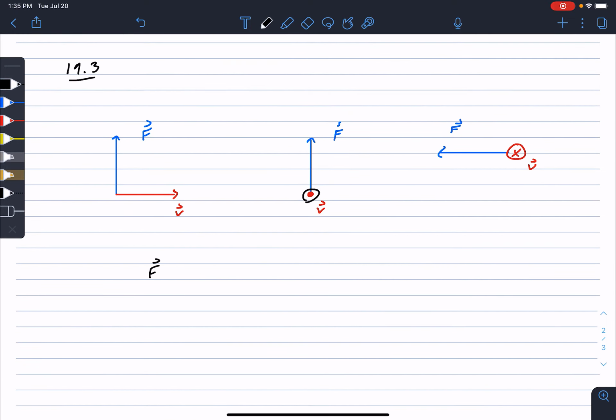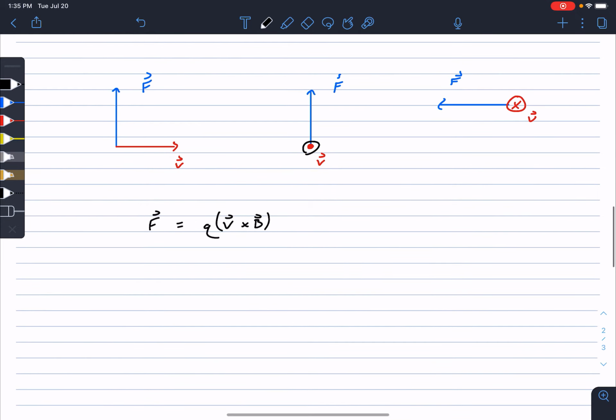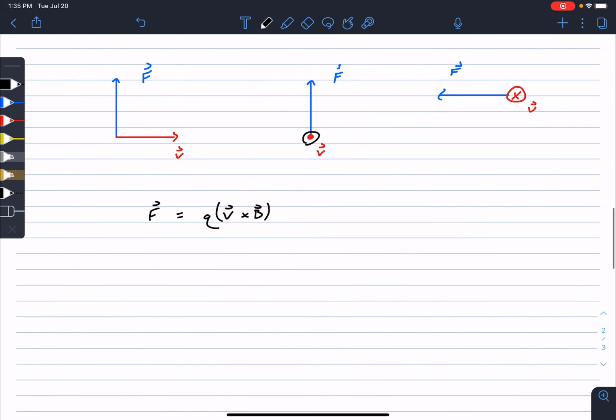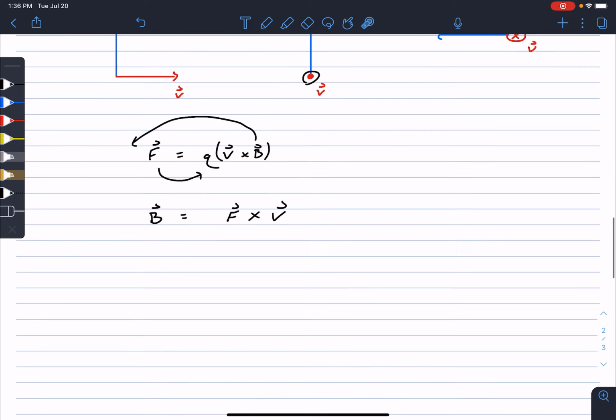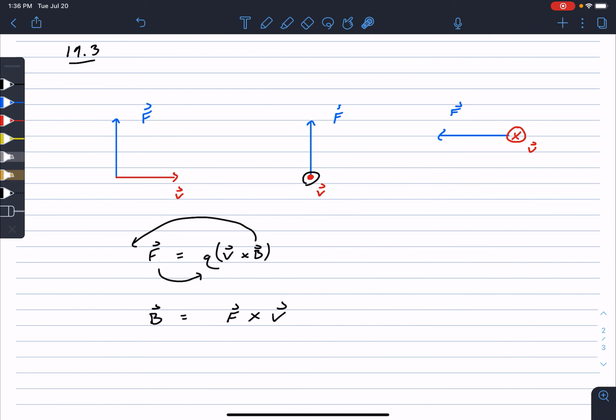Well, recall that we have this, and we have a cyclic scenario. So what that means is that I can take this term over here, shoot this one in here, and it is going to equal, just ignoring the charge for now, F cross V. And so what that's telling me is that I need to use the right-hand rule again.